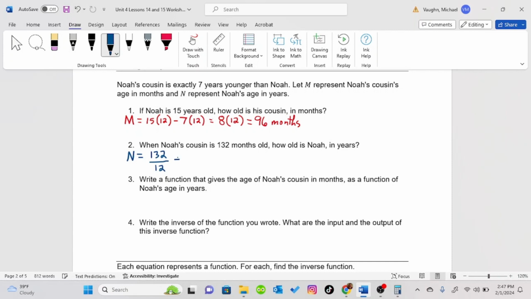And then we need to add the 7 years difference. So now 132 divided by 12 equals 11 years, plus the 7 years that Noah is older than his cousin, tells us that Noah is 18 years old.